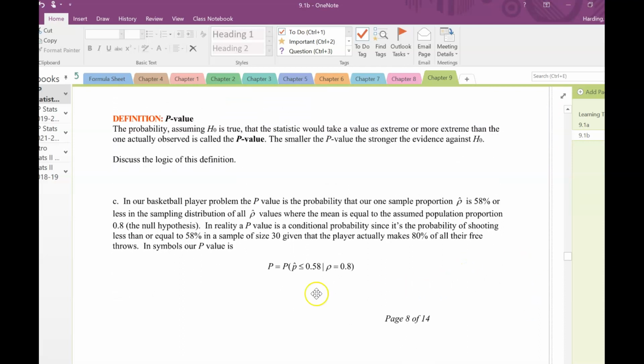And you can see the statement down here at the bottom. P, the p-value, is the probability that p hat, the sample statistic, is less than or equal to 0.58, given that the population parameter is 0.8. So if this is true, what's the probability of getting a sample as the one that we got? And that answer was only 1 out of 500. That is the p-value.